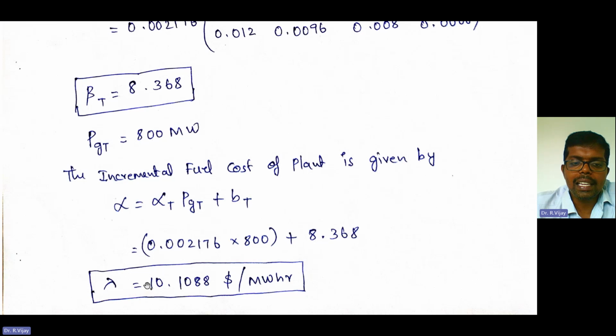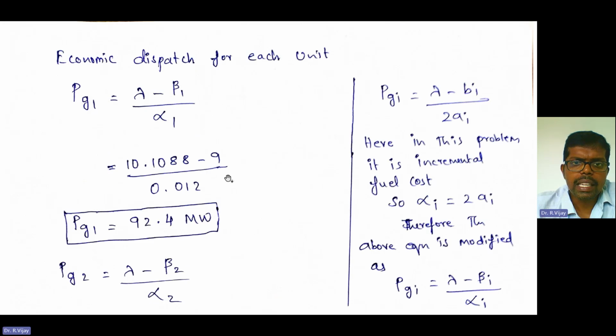Simplifying, we get the answer as $10.1088 per megawatt hour. That is the lambda value we got, the incremental fuel cost of the plant. That is, lambda is $10.1088 per megawatt hour.